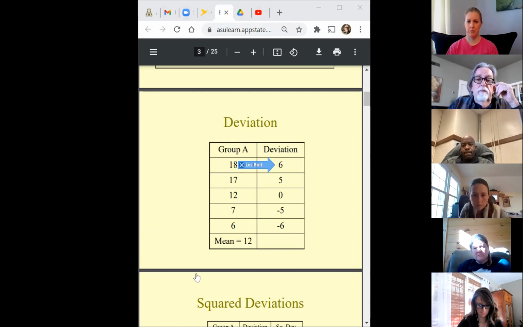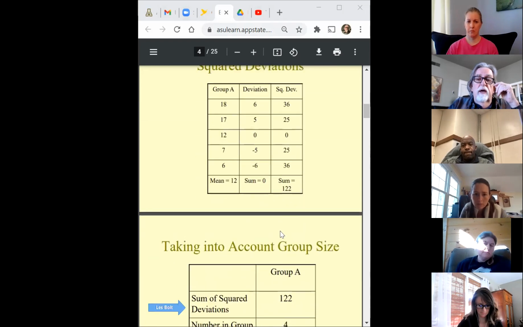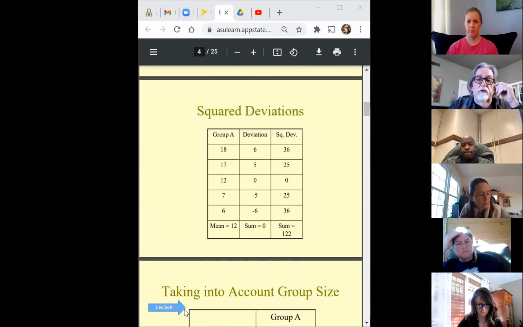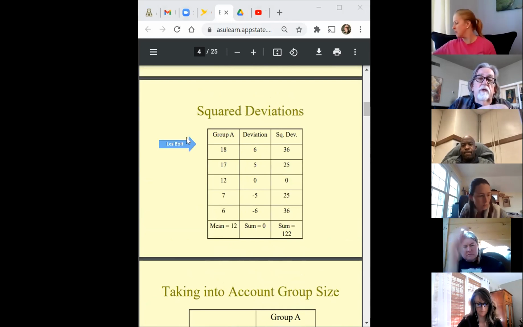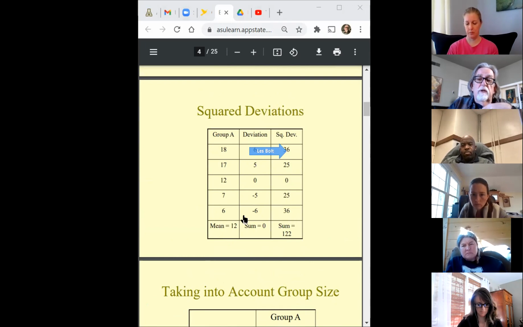Now, keep that in mind, because anytime in math we square something, eventually we have to unsquare it. And so we square the deviation scores up. A deviation score of 6 becomes 36, and a deviation score of -6 becomes 36. We can add those up to a sum.